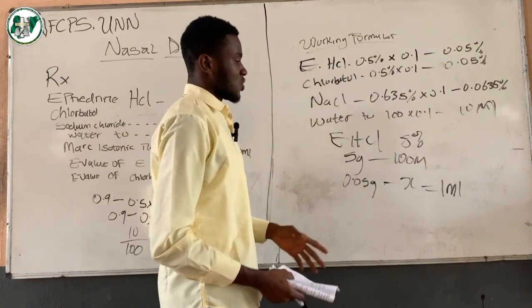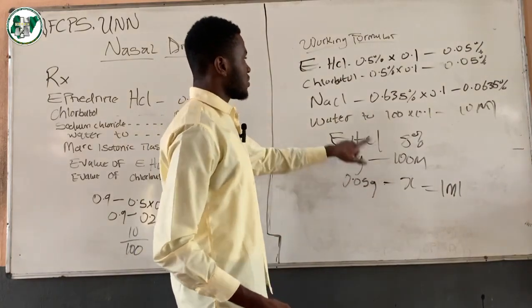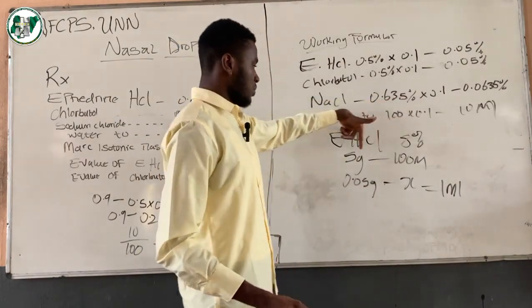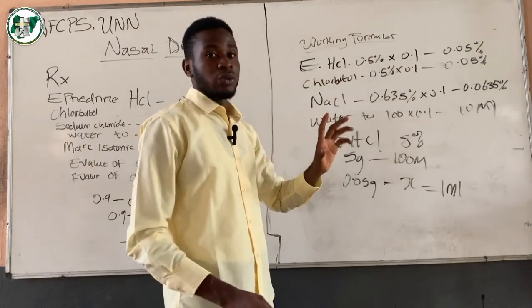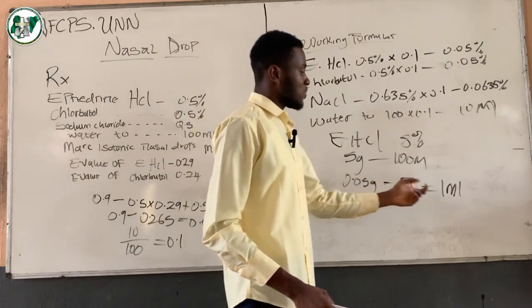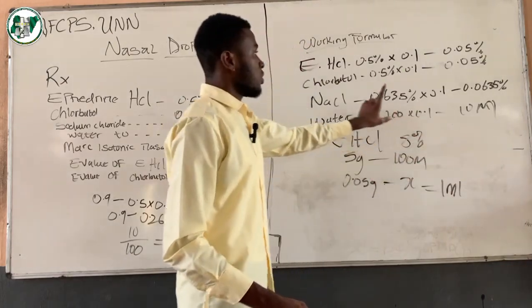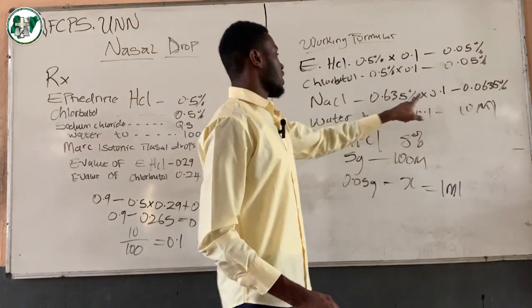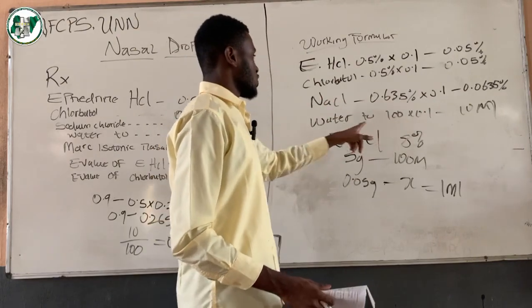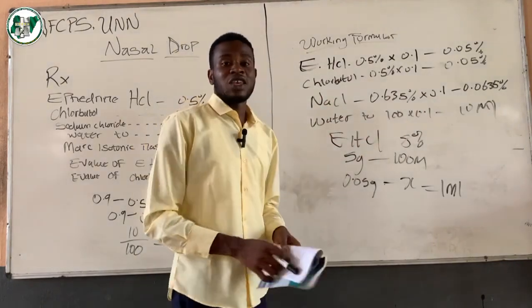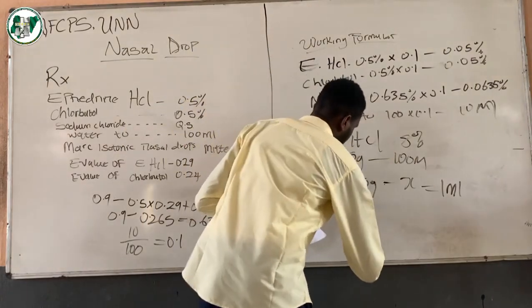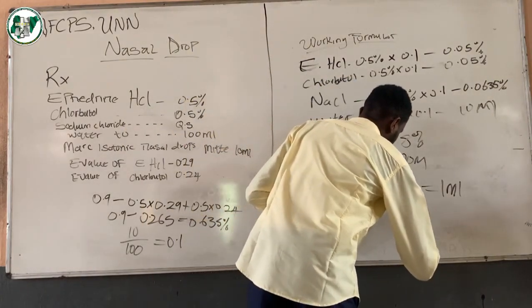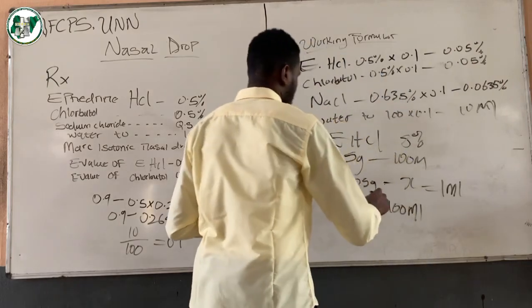Now, to save time, we are not going to be doing the same thing for chlorbutol because it's the same concentration. Assuming it's 5% chlorbutol that was also given in the lab, we're also going to be taking 1 ml of chlorbutol. Remember, we're taking 1 ml of ephedrine hydrochloride and 1 ml of chlorbutol. Now, for the sodium chloride, assuming you are given a concentration of 5% also, we say 5 grams of sodium chloride is in 100 ml.